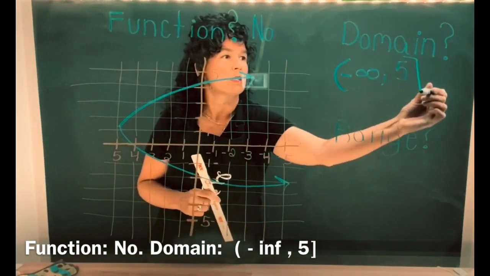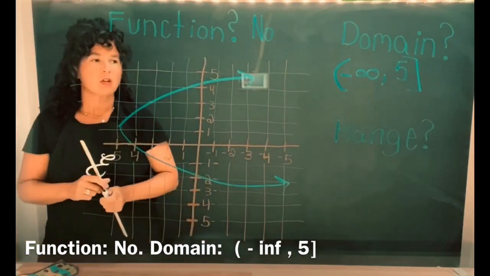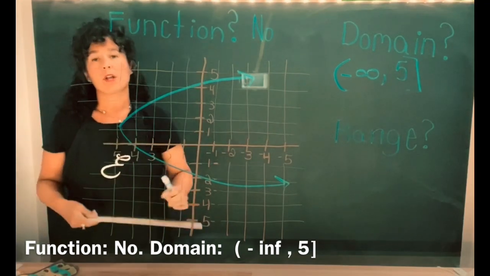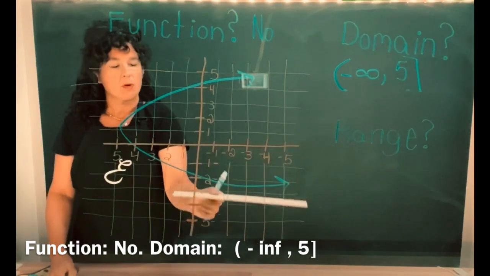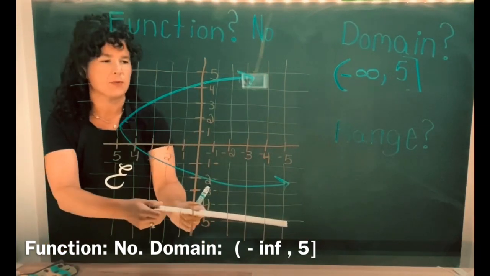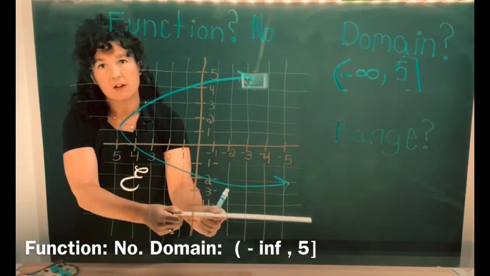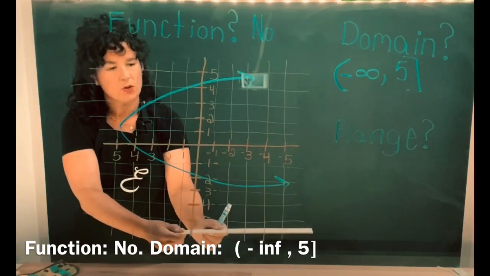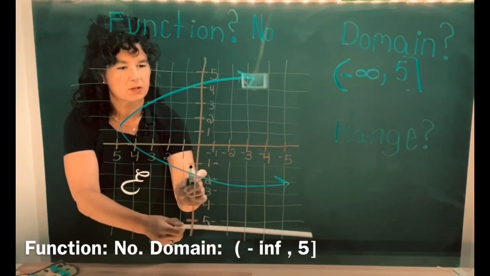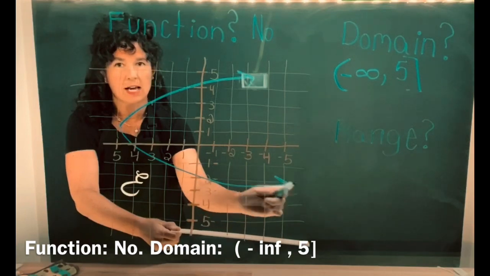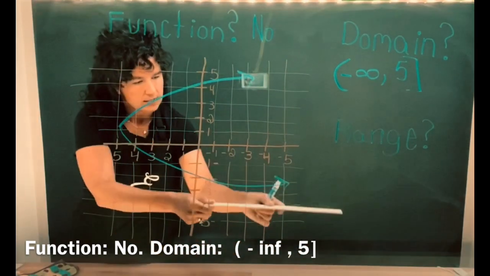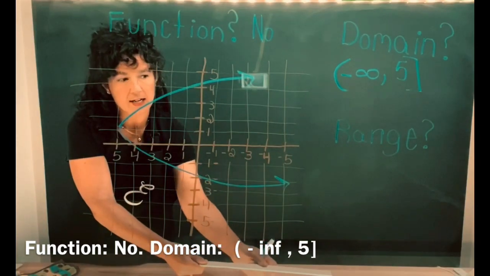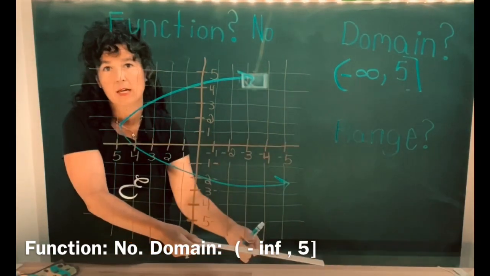As for range, we want to go with a horizontal line from bottom to top, and we want to see when are we in contact. Well, I can't move this down far enough so that the graph is above it, because this one here is going down and it has an arrow, so it's going down forever. And so no matter how far I move this line, at some point way over there, we're going to be in contact.